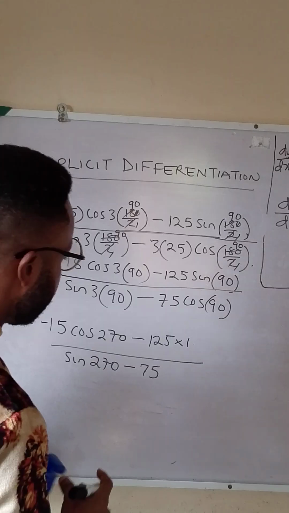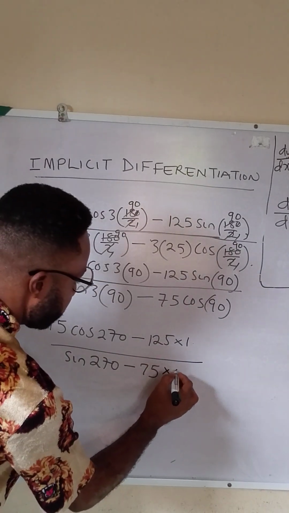If you punch cos 90 in your calculator, that will give you 0.